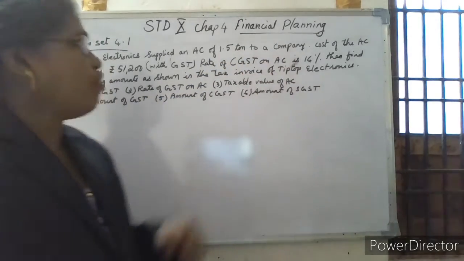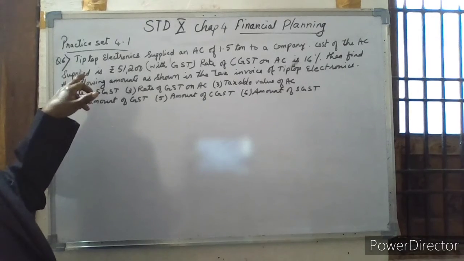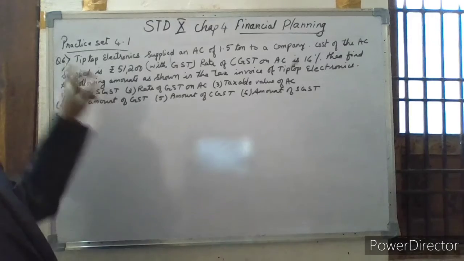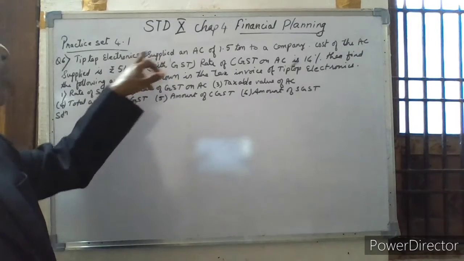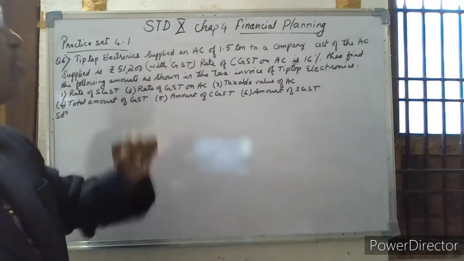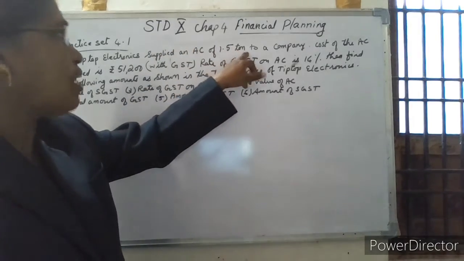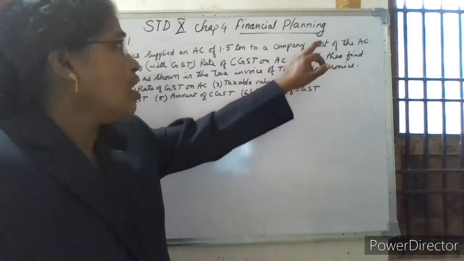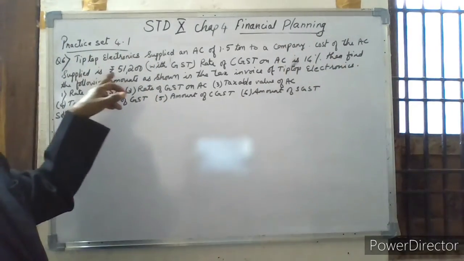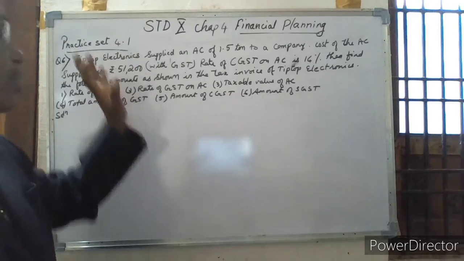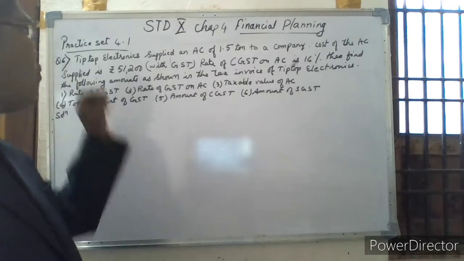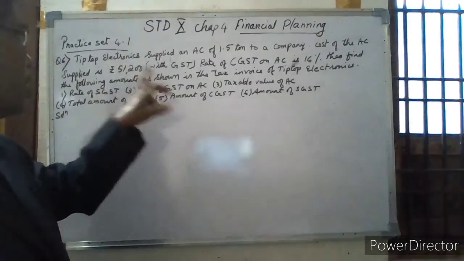Tip Top Electronics is the name of the shop. Cost of the AC supplied is 51,200 with GST. That means this is the total value of the AC given, 51,200.